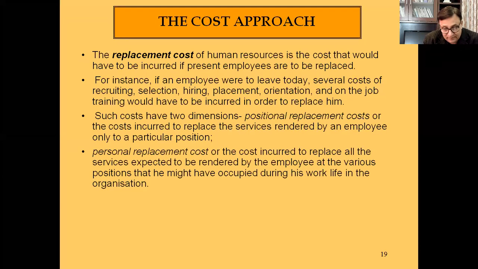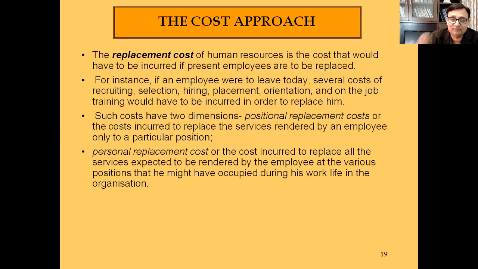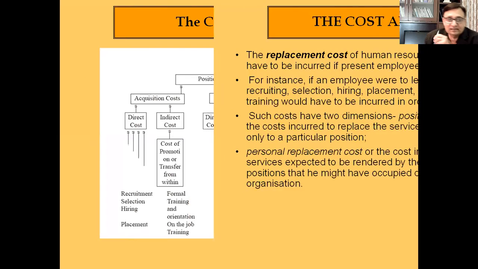For example, when a person is working in the organization, sometimes he is giving his services as a multitasking person. He is working in various positions. So if you have to calculate the cost to replace all the services which are expected to be rendered by the employee, the new employee coming in at various positions, that is called the personal replacement cost. So two kinds of replacement costs are there: positional replacement cost and personal replacement cost.